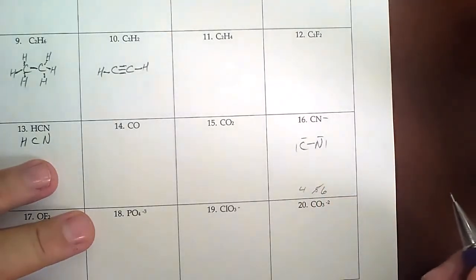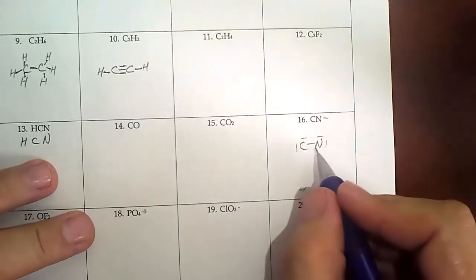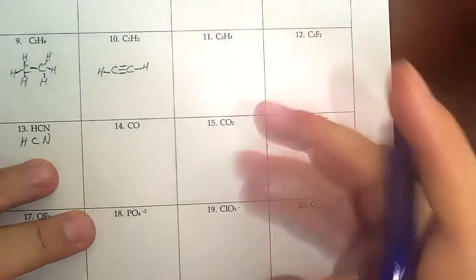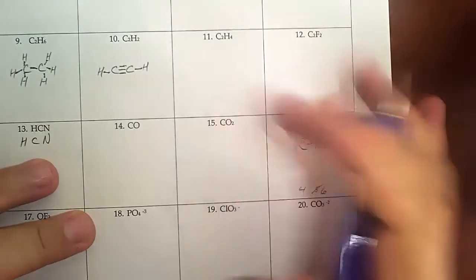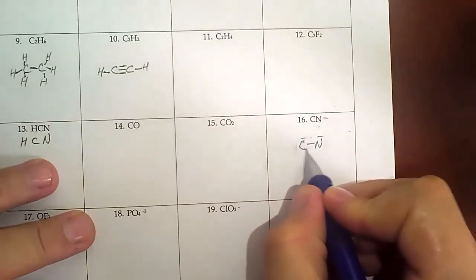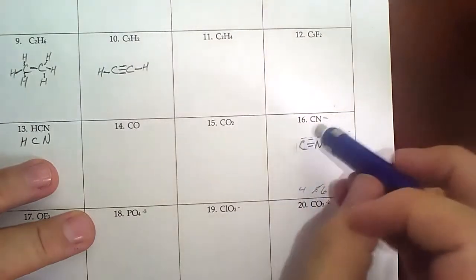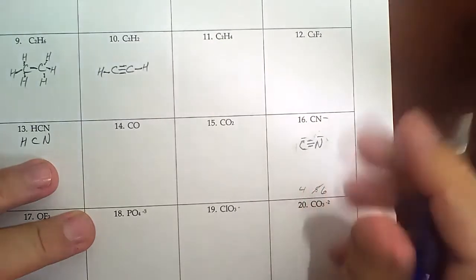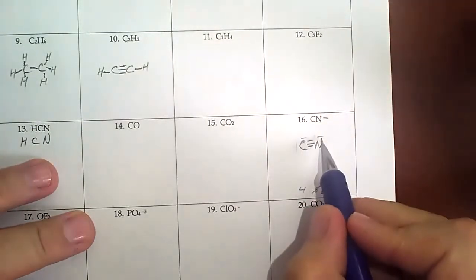except that no one's happy. They both feel that they have 6 valence, and so they both get grabby, and they're both going to borrow a pair from each other, and it's a triple bond. And they both have 1 unshared pair on each.